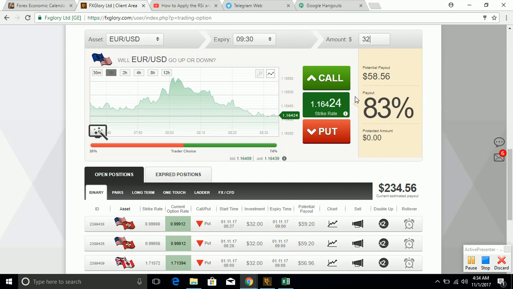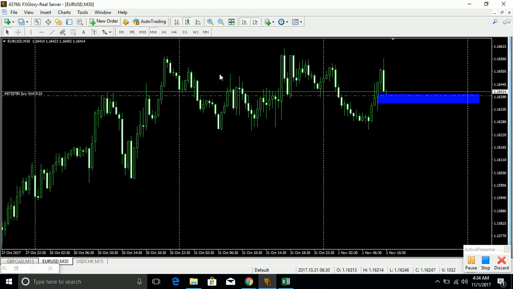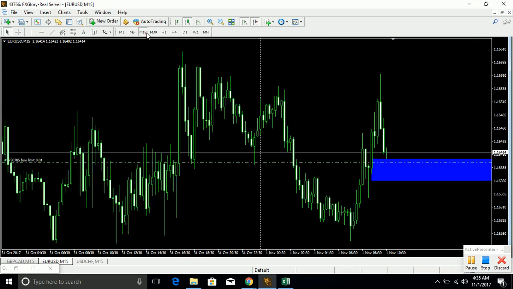I'm just sticking with a flat 32, so whatever you've been sticking with, stick with a flat 5 or flat 10. So what we're going to do is wait for the close of this 30-minute candle, or at least the close of this 15, to be somewhere near this zone area. We're going to immediately enter for the push back up.